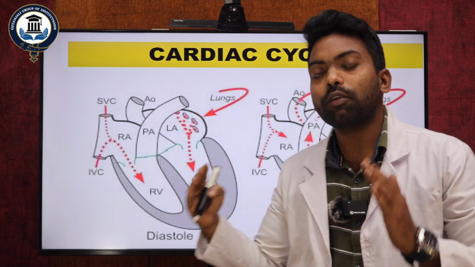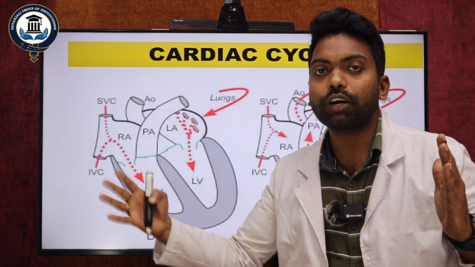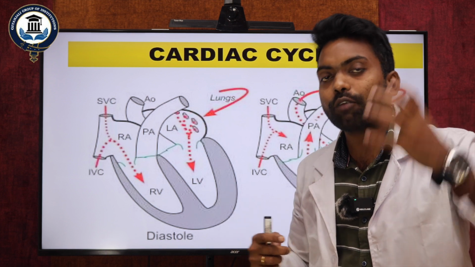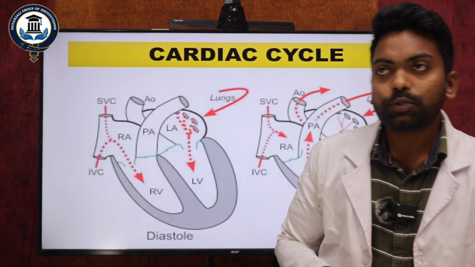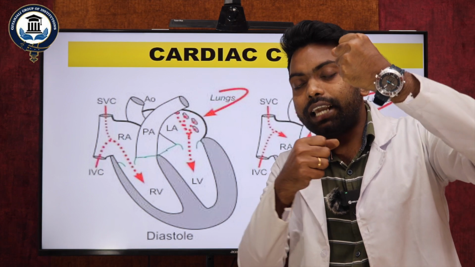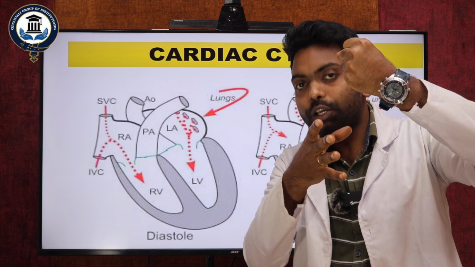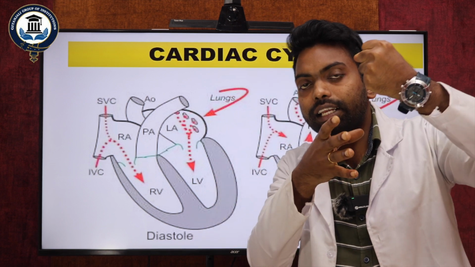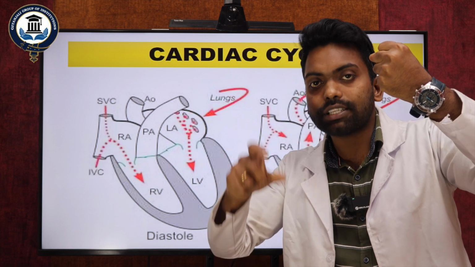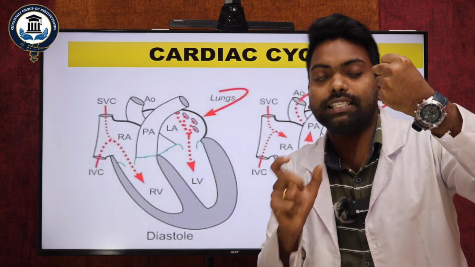Before telling the meaning of systole and diastole, you must understand the meaning of contraction and relaxation. Contraction is systole and diastole is relaxation. When the cardiac cycle happens, it is a sequence of events that occur simultaneously.